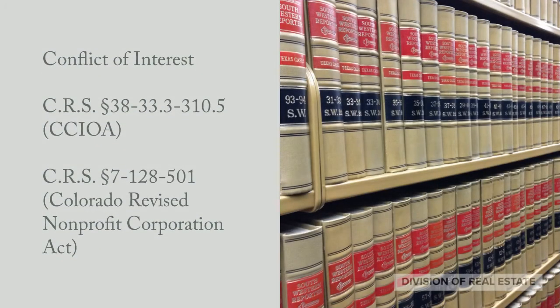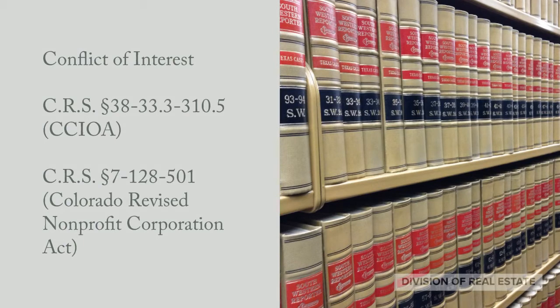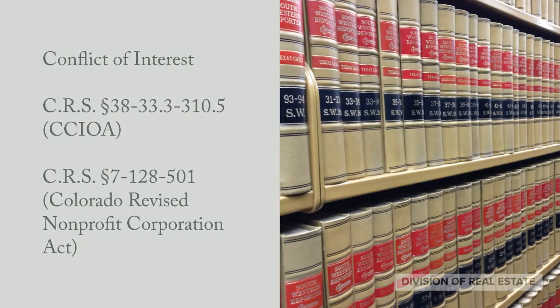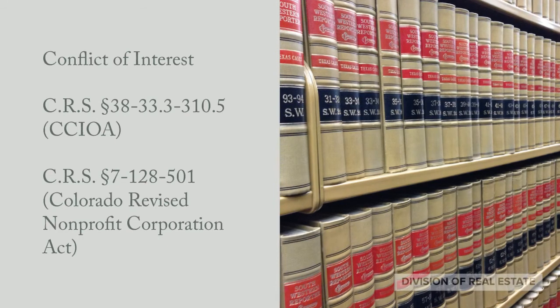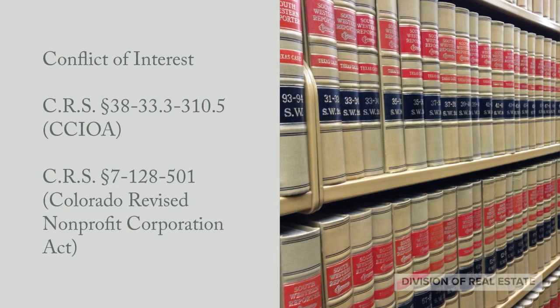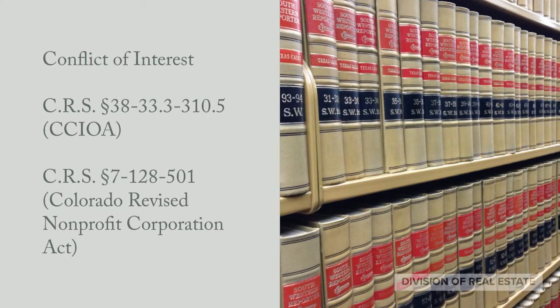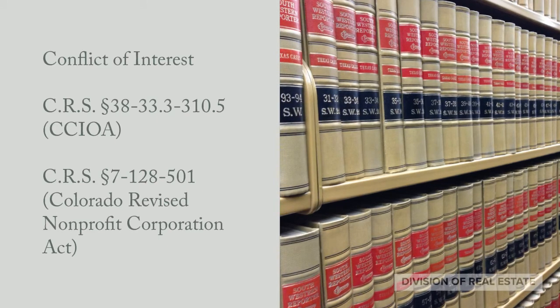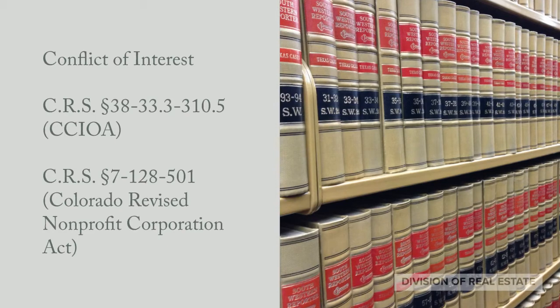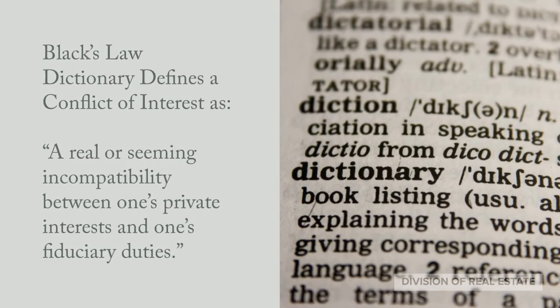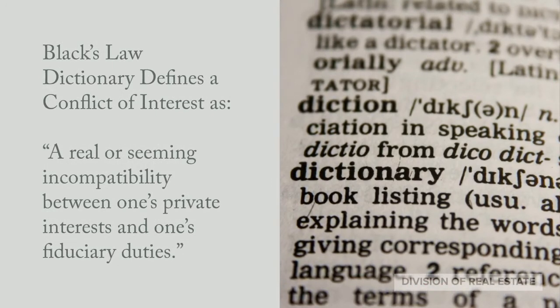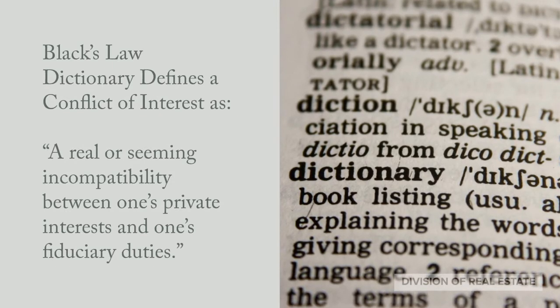The concept of conflict of interest is addressed in Colorado law under the Colorado Common Interest Ownership Act, also known as CCIOA, in Section 38-33.3-310.5, and in the Colorado Revised Nonprofit Corporation Act in Section 7-128-501 of the Colorado Revised Statutes. A conflict of interest is defined in Black's Law Dictionary as a real or seeming incompatibility between one's private interests and one's fiduciary duties.